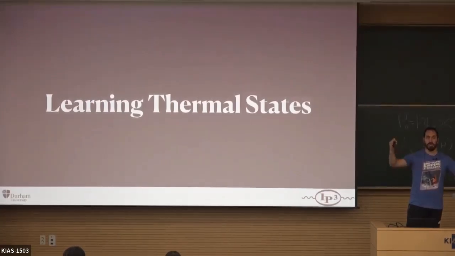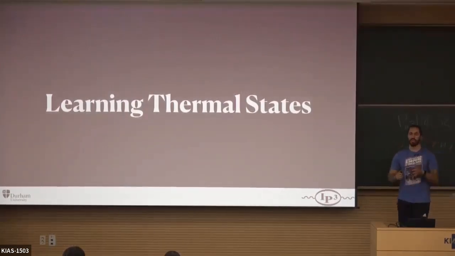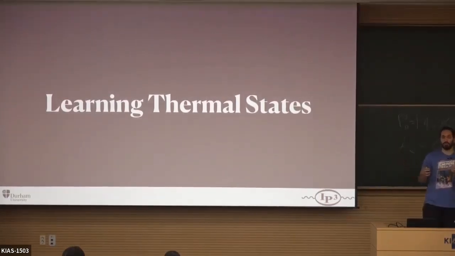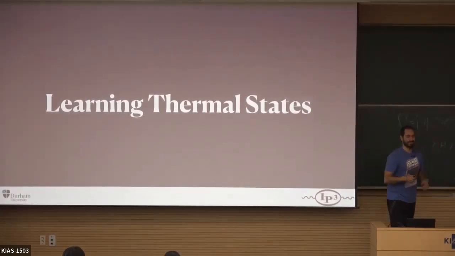As you increase the temperature, it's going to become a mixed state. So you need to represent this mixed state as a matrix, right? So what we're going to do is basically learn this density matrix of the Hamiltonian at a fixed temperature. That's the entire idea. There are lots of papers published on this, but I just chose one of them, which is a really cool idea, the quantum algorithm that I talked about with you.